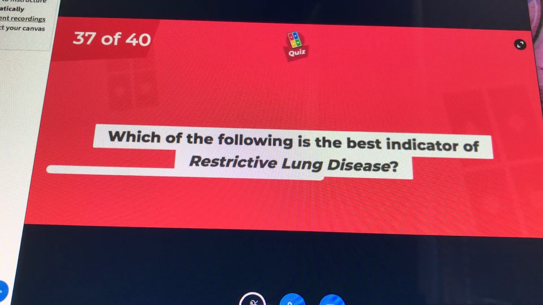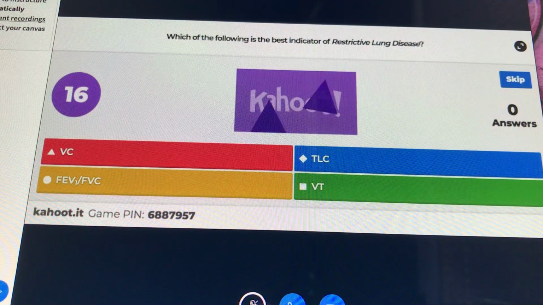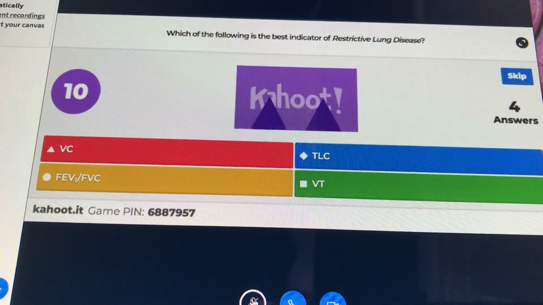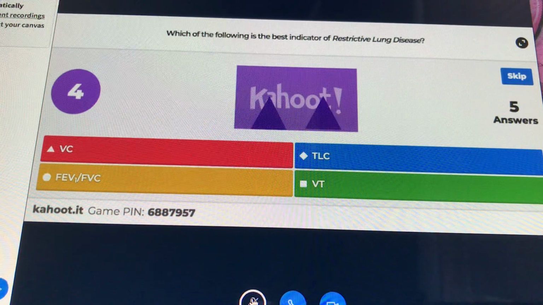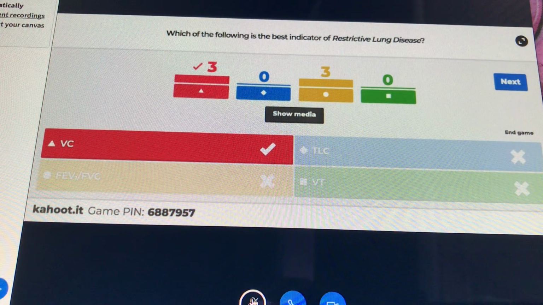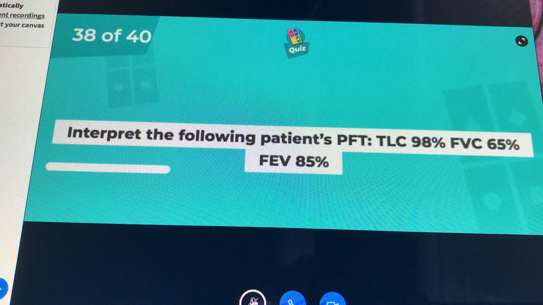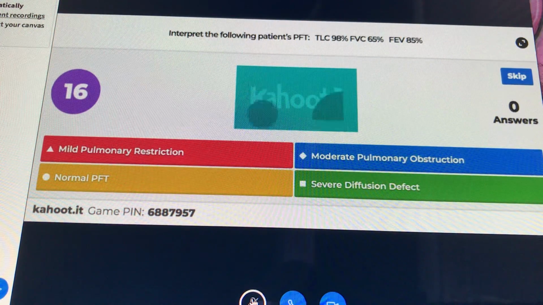Okay, which of the following is the best indicator of restrictive lung disease? We talked about that. That's your vital capacity. We won't start that conversation over again, but it's exactly what I said earlier. So interpret the patient's following PFT results. They have a TLC of 98%, FVC of 65%, and an FEV1 of 85%.